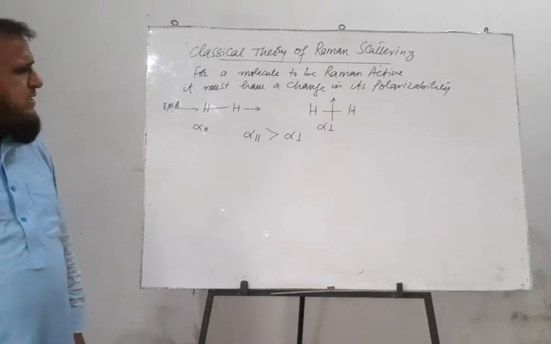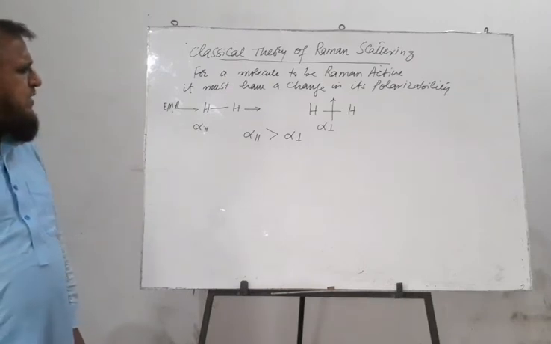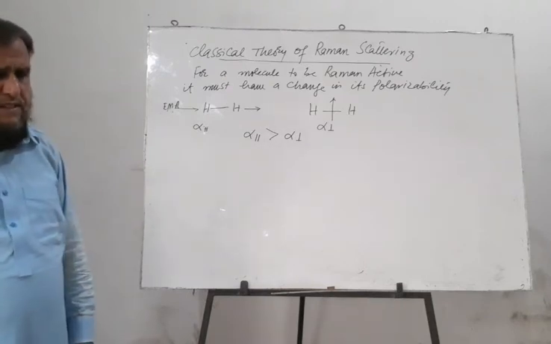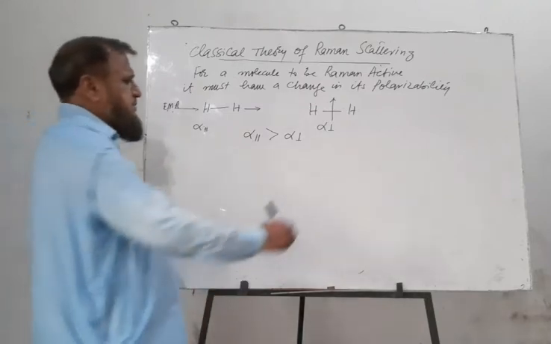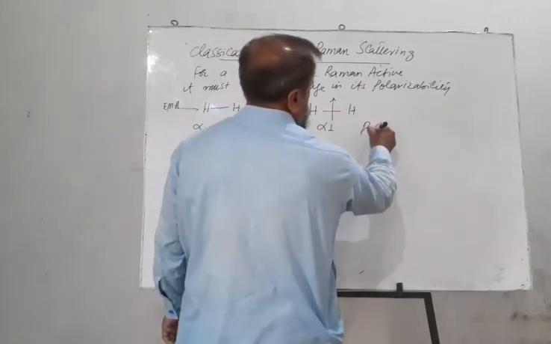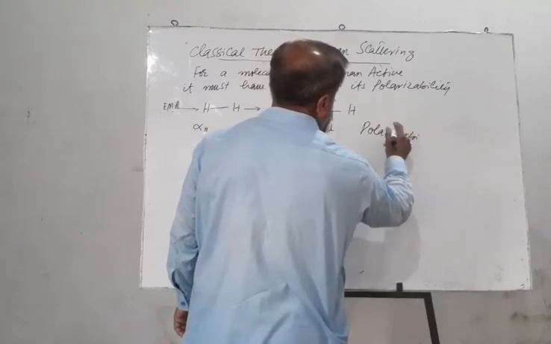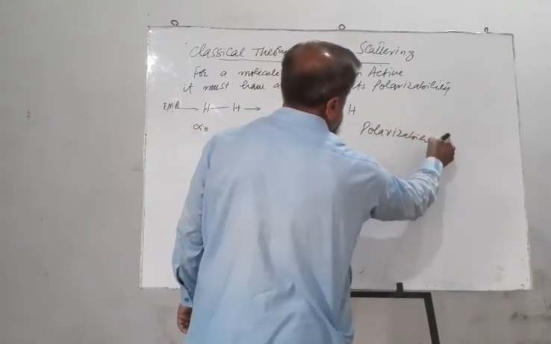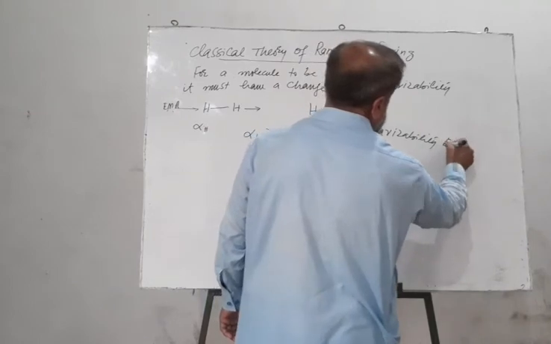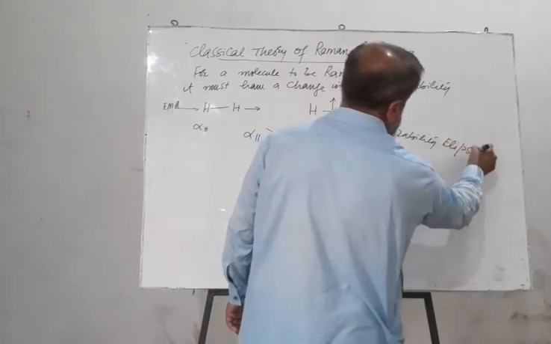The polarizability of molecules can be represented by a diagram which is known as the polarizability ellipsoid.